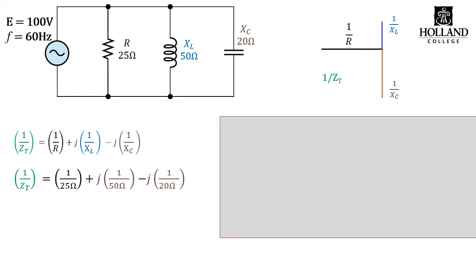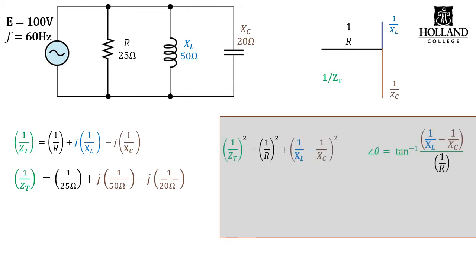This function can be performed on your calculator if you have a rectangular to polar function. But if you're doing Pythagorean's theorem, you have to take the reciprocal difference of your reactive pieces first before you square them. Because again, Pythagorean's theorem only works in a triangle.